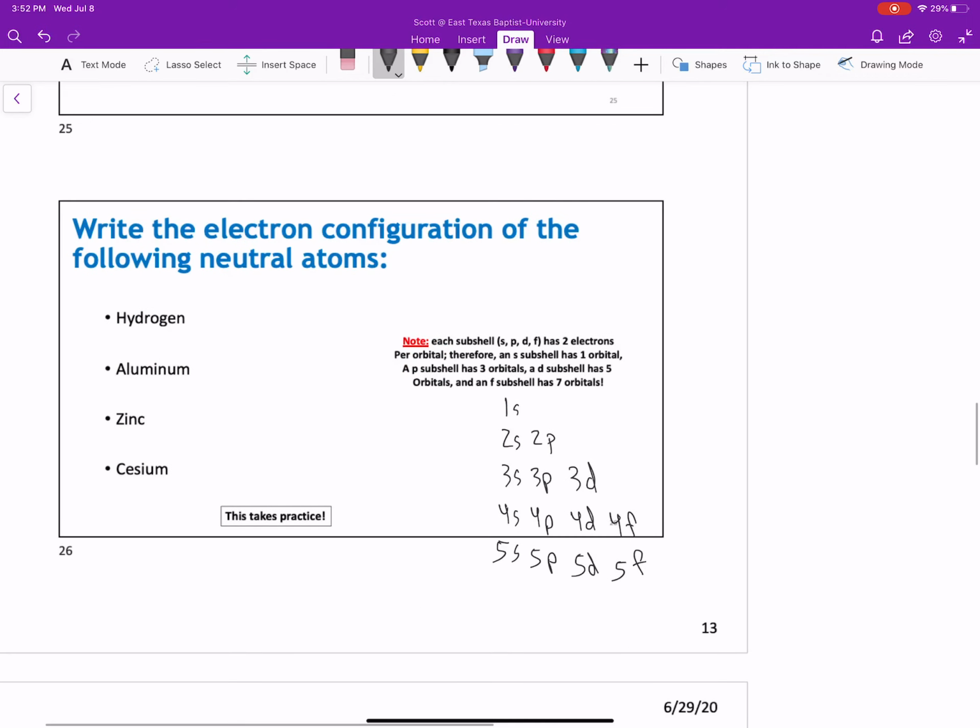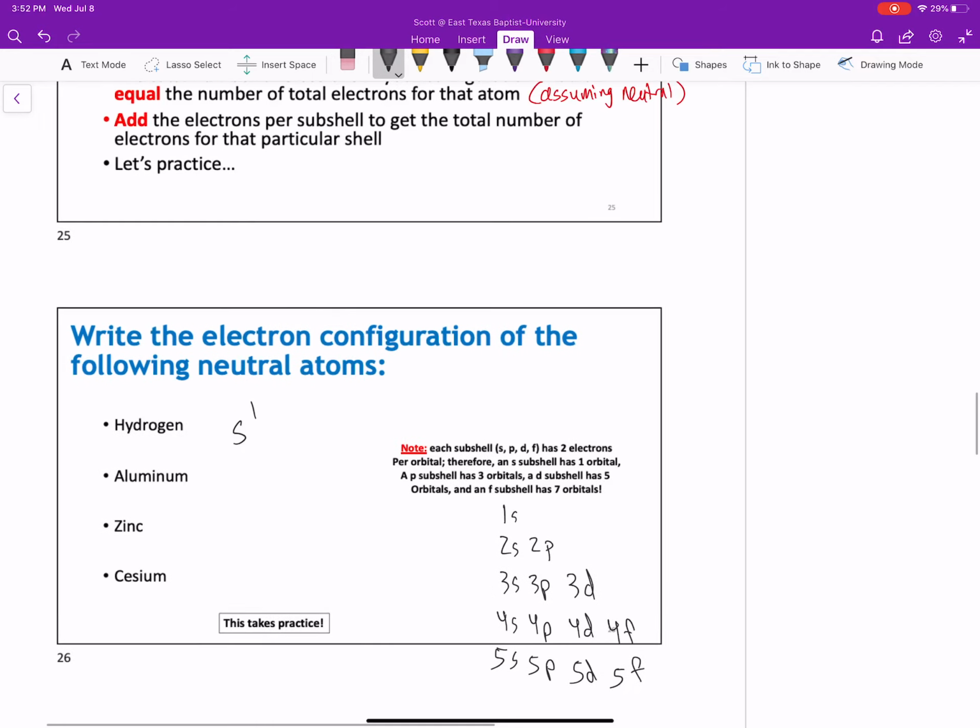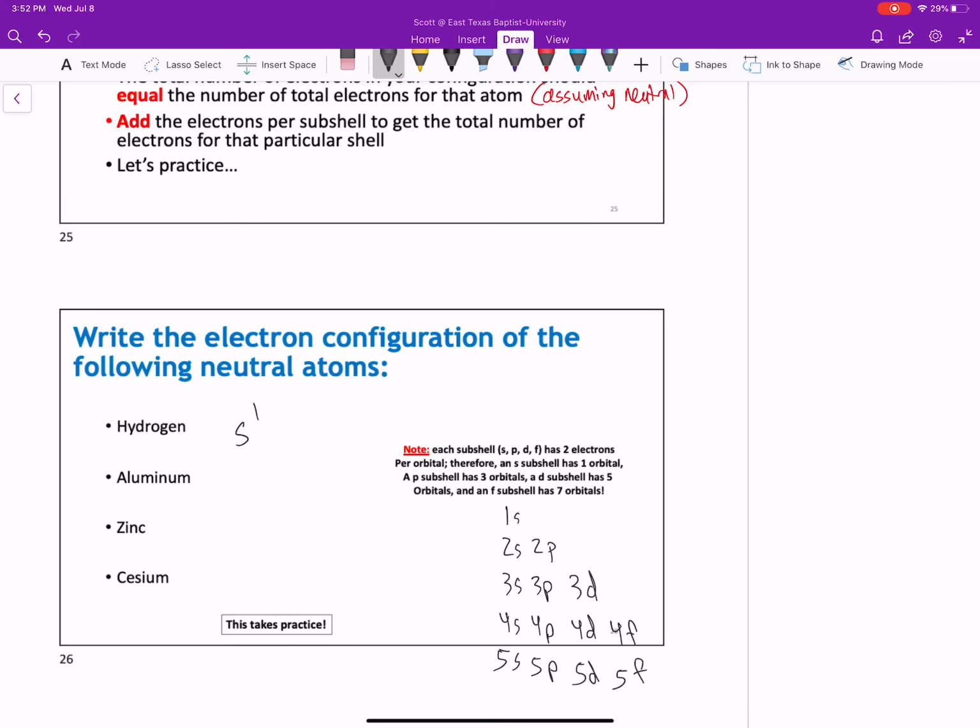You're only just going to put 1s1, and then you're done, knowing that that is your shell. So shell number 1, energy level 1. The S is your subshell, and then it has 1 electron in that subshell. Now, does that make sense? Well, it should, because hydrogen only has 1 electron because its atomic number is 1. So to be neutral, it must have 1 electron. And so we're just looking at a 1s1.